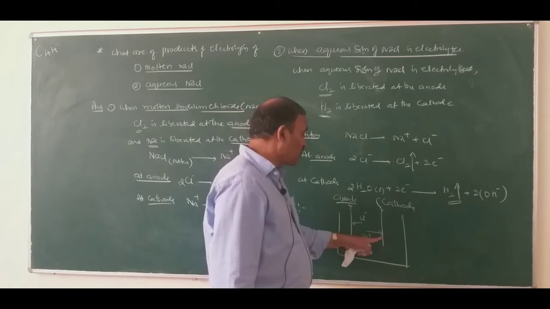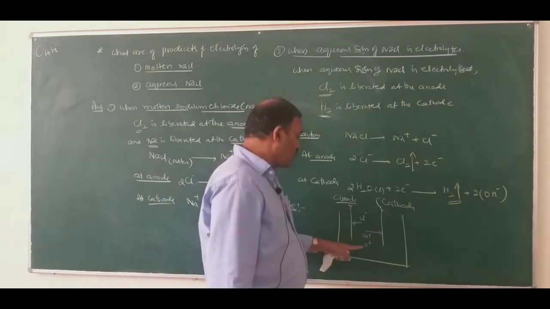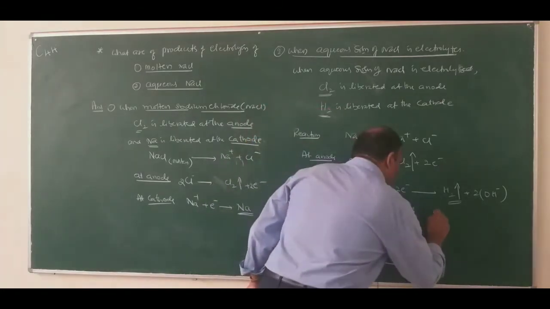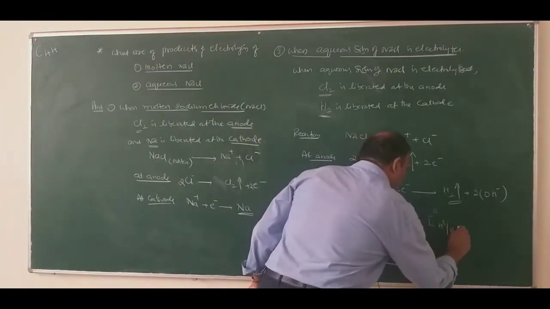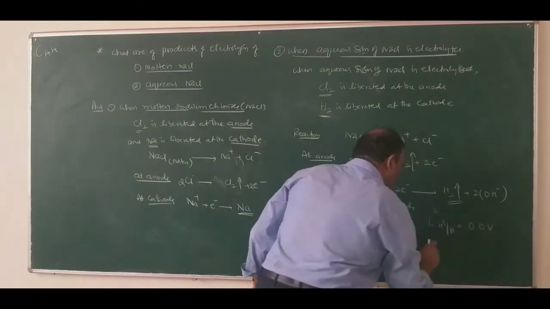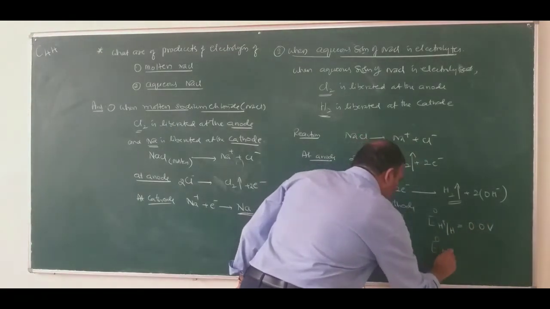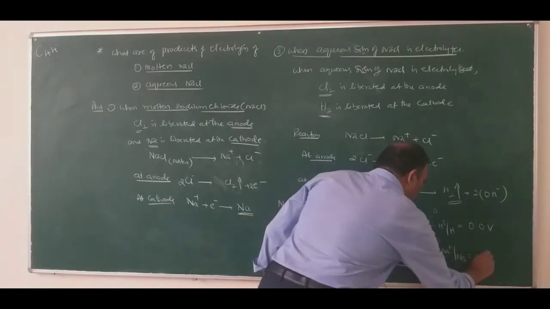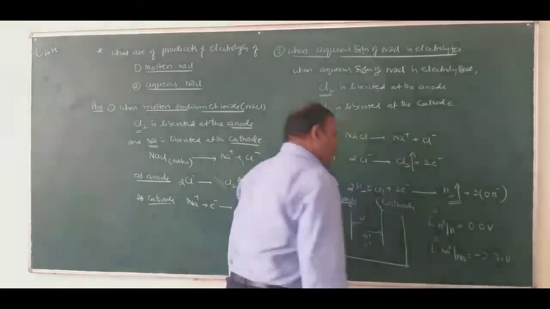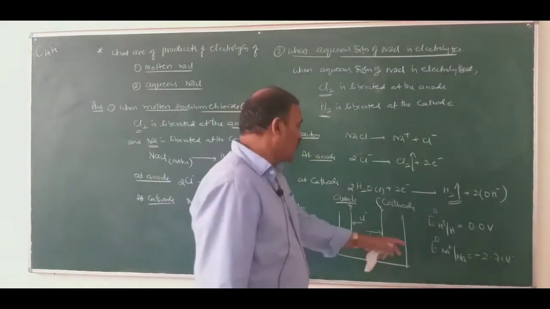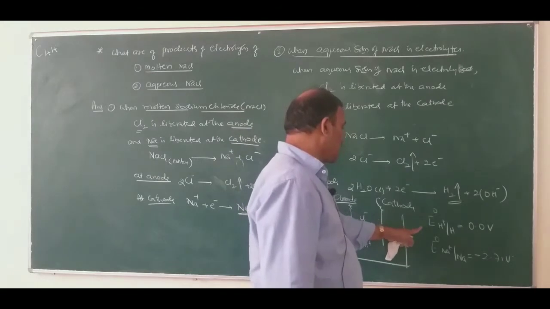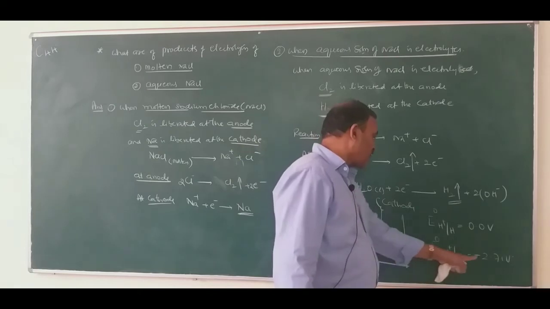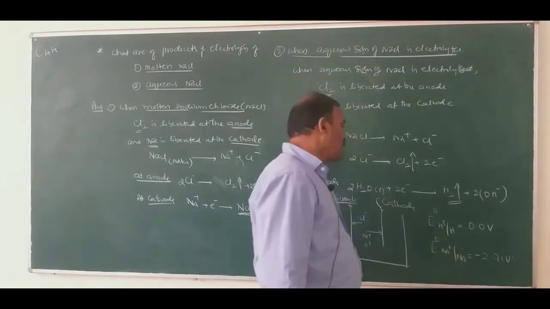is reduced first. Out of these two ions, consider the standard electrode potential. E° of hydrogen ions is equal to 0.0 volt and E° of sodium ions is equal to −2.71 volts. So out of these two ions, whose electrode potential is highest? Hydrogen electrode potential is highest, whereas sodium electrode potential is −2.71 volts.